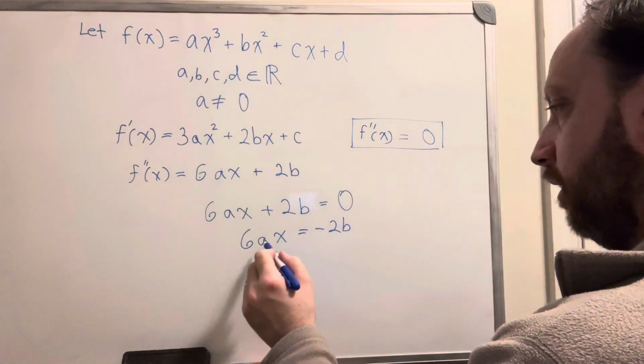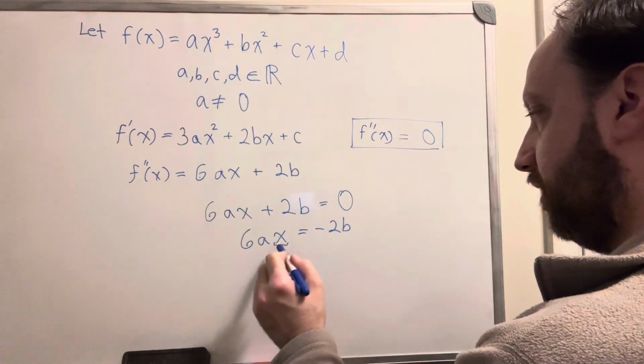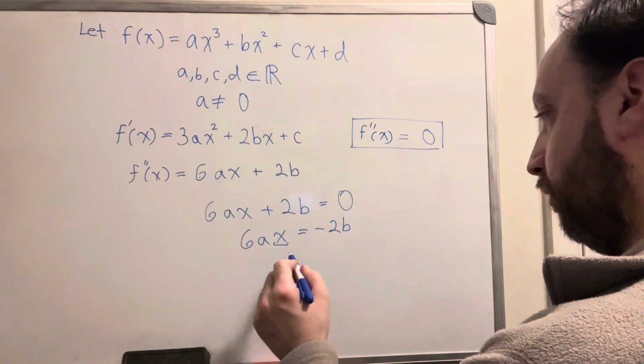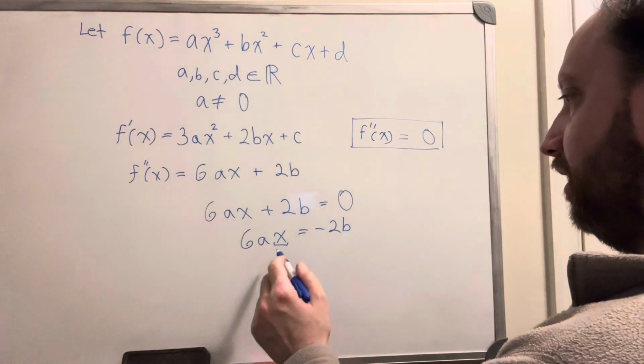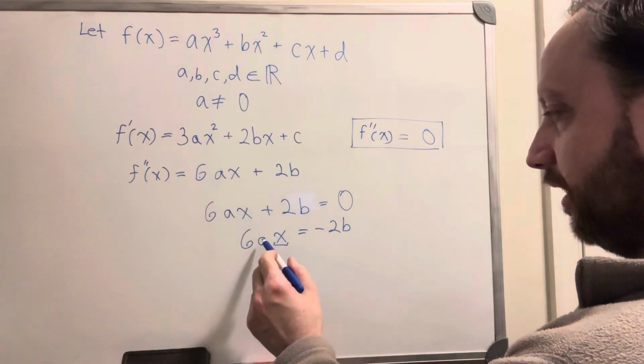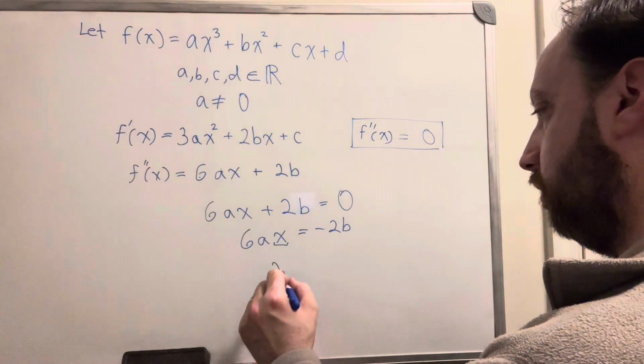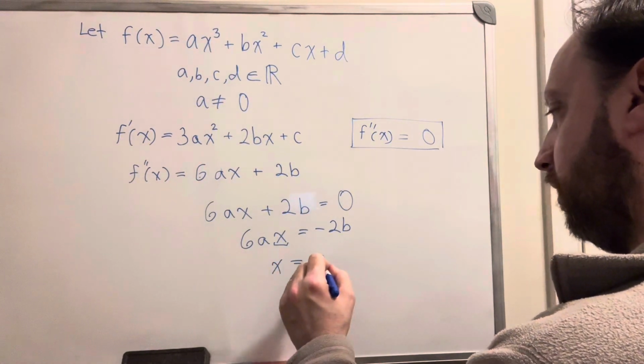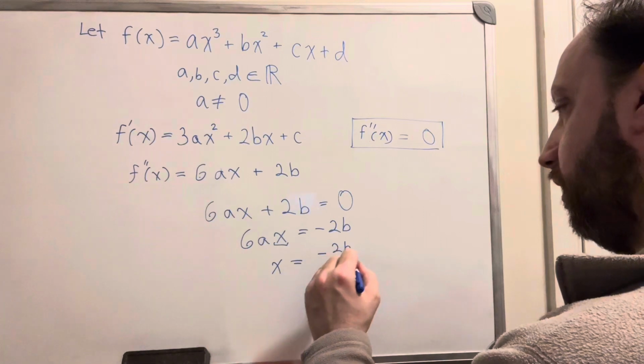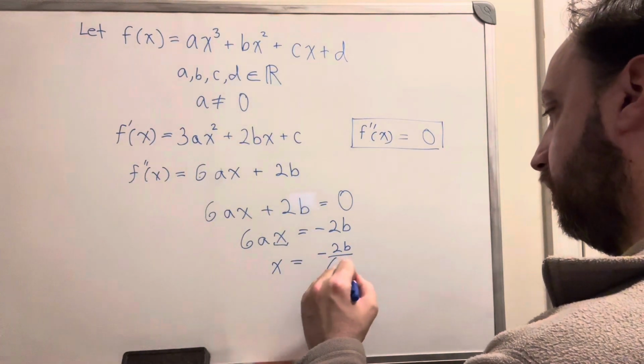And if we want to find out what value of x makes this all work, we can divide both sides by 6a, which is safe to do because we specify that a cannot be 0. So x is equal to negative 2b over 6a.